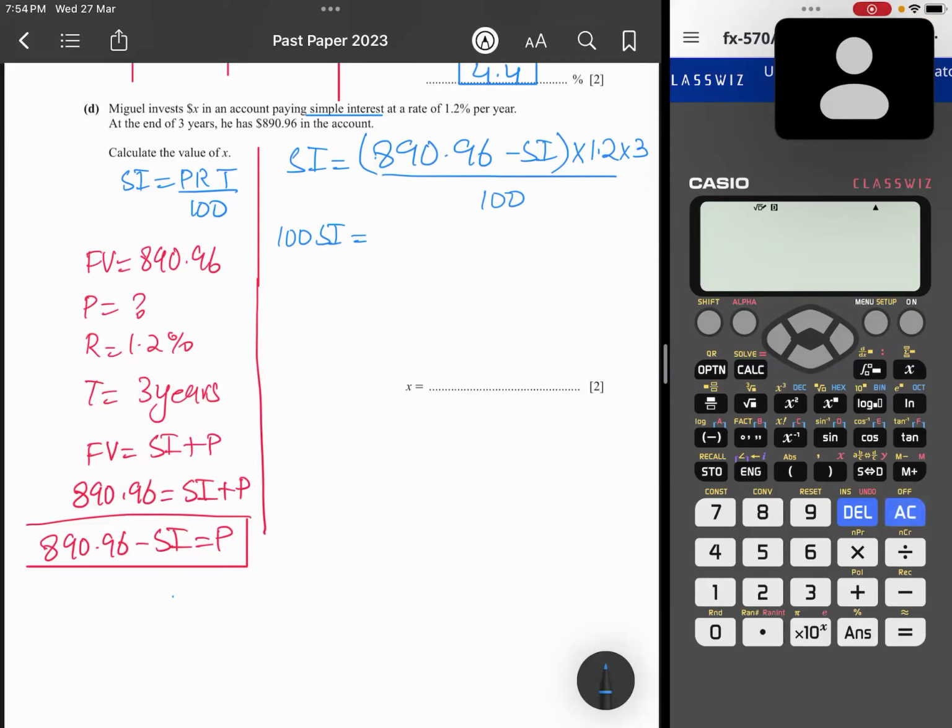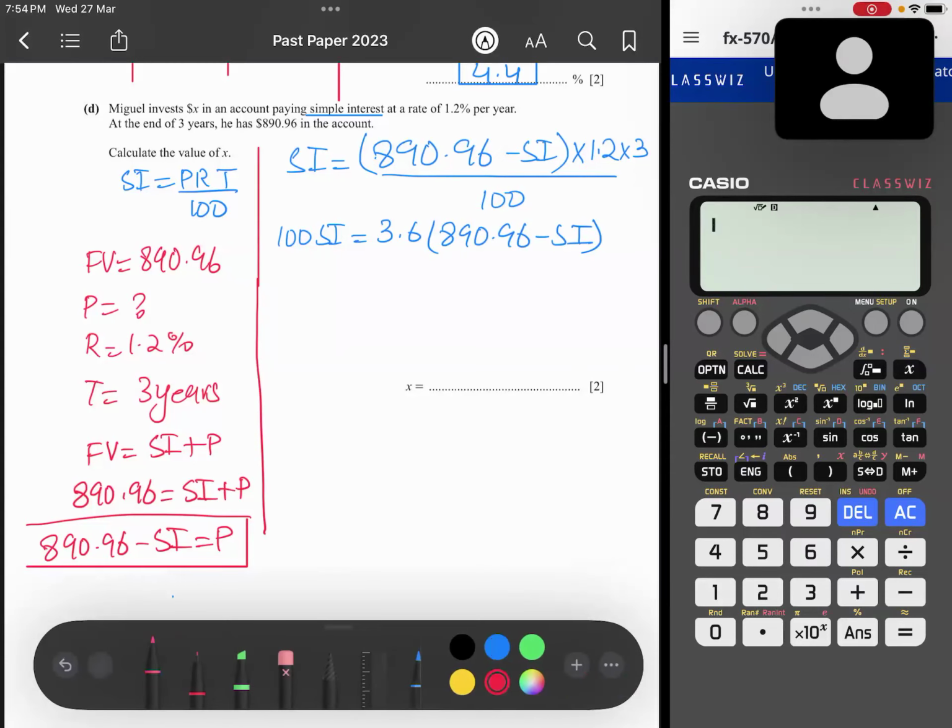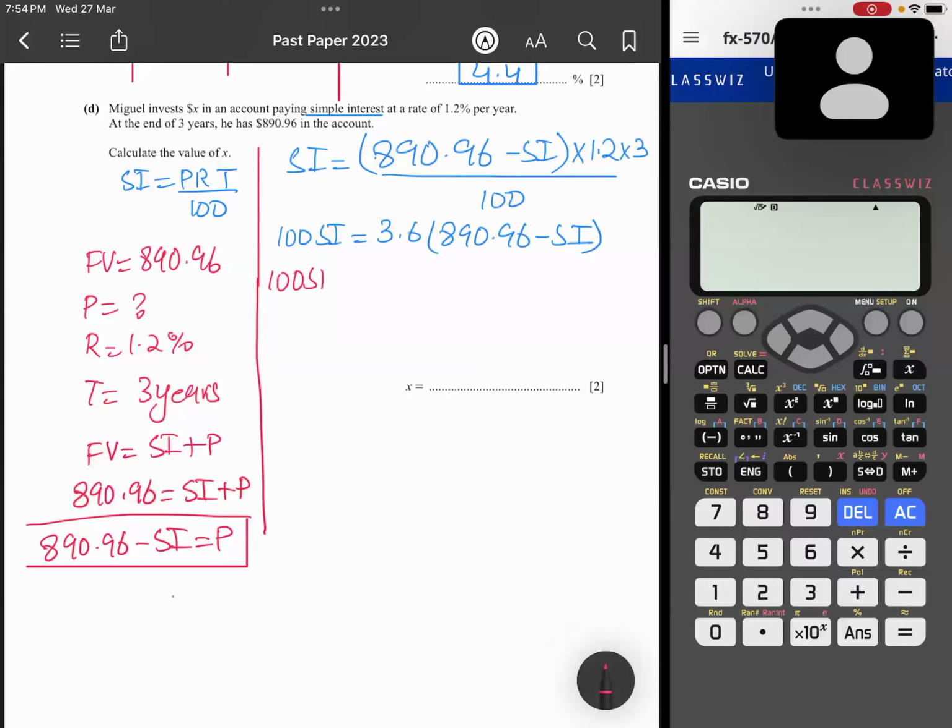Agree, everybody? So 3.6 multiplied by 890.96 minus simple interest. Let's find out simple interest. First of all, multiply 3.6 inside. So 100 simple interest is equals to 3.6 multiplied by 890.96, which is 3207.456 minus 3.6 simple interest. So 3.6 will come here.